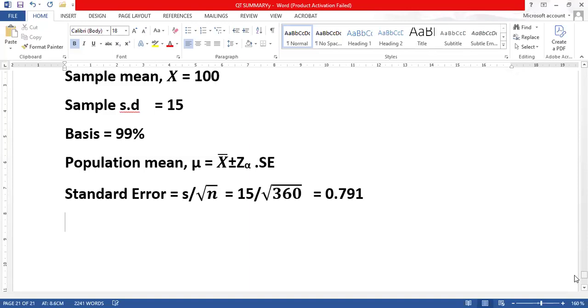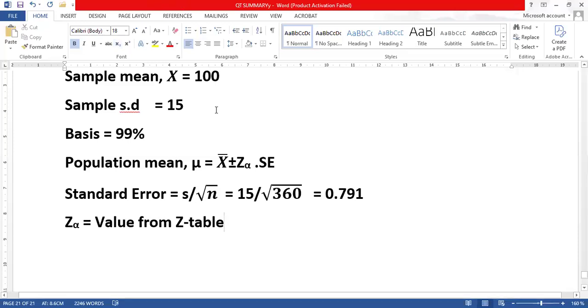Then how do we get this value from the table, the Z alpha? This will be our value from the Z distribution table.